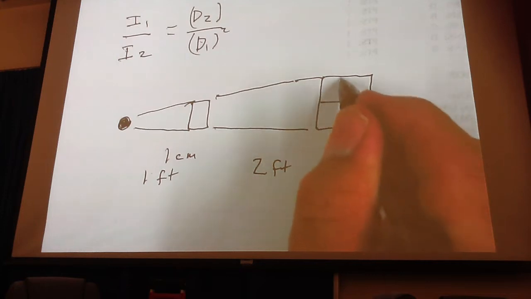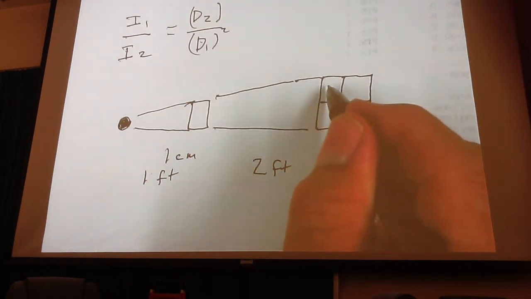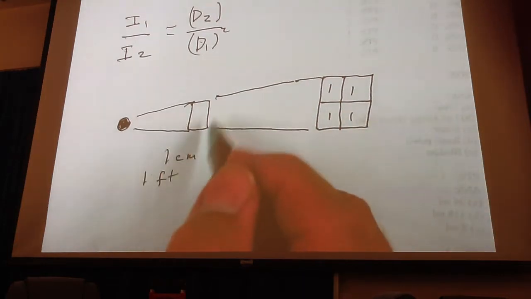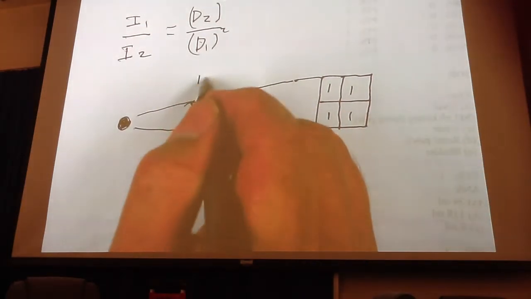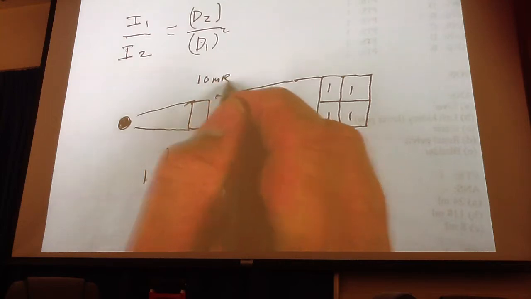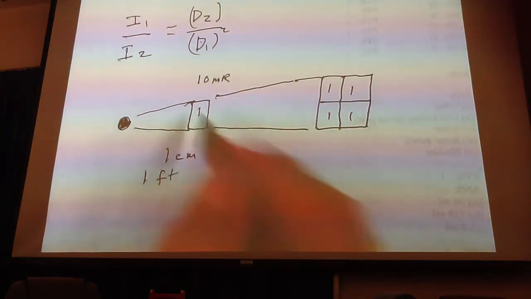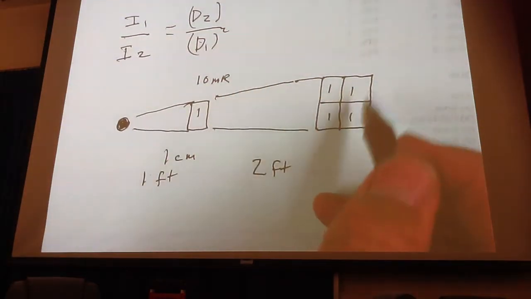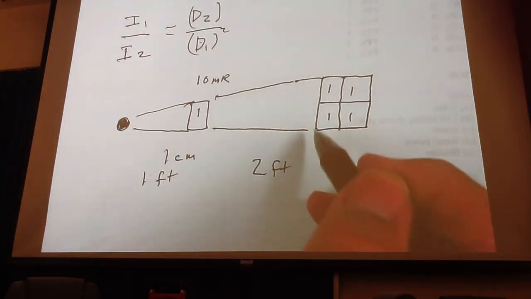So you would have 4 1 centimeter squares. So if the distance here measured 10 MR at 1 centimeter, at 2 centimeters, that same radiation intensity is being now distributed over 4 times the area.